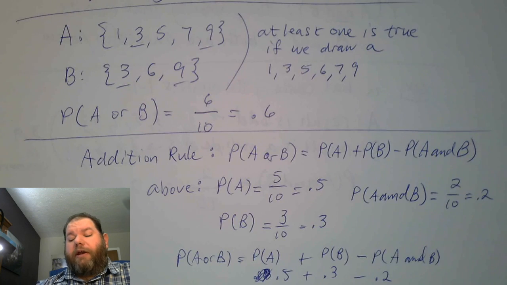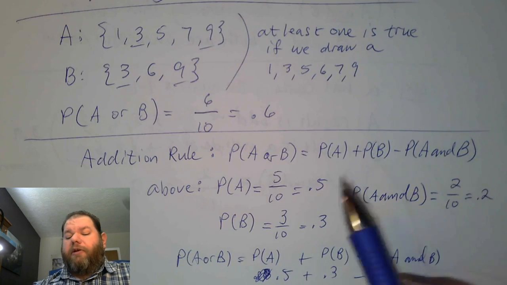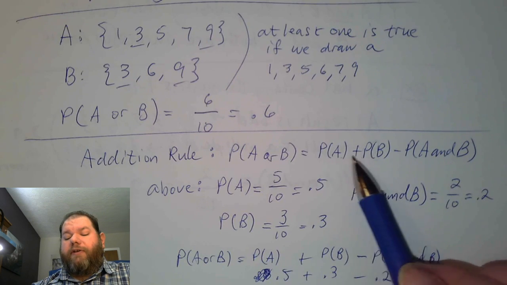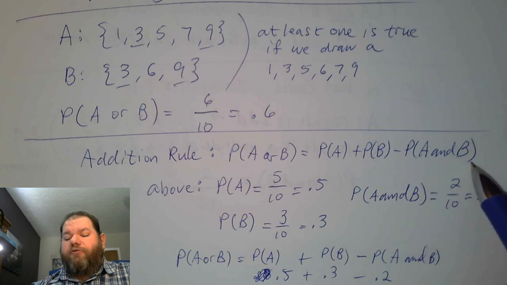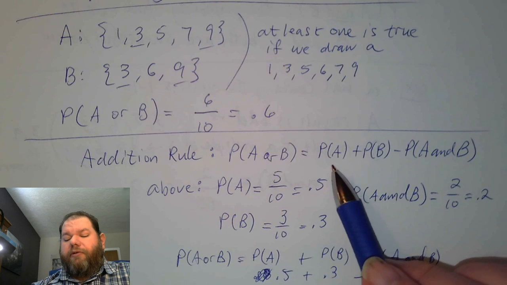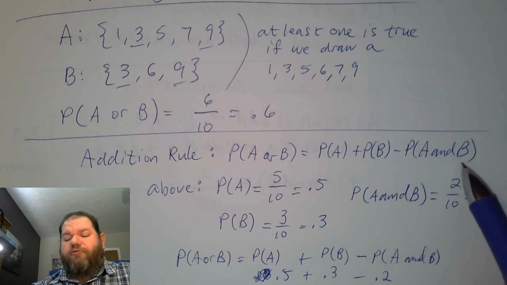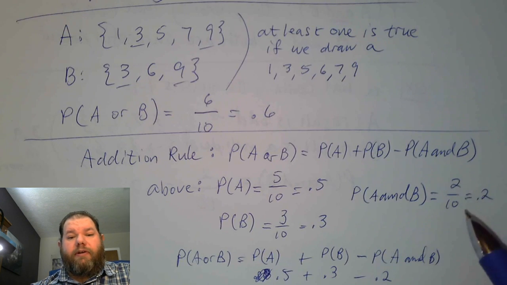And that's why we have to subtract P of A and B in our formula, because if we count the 3 and the 9 twice here with P of A plus P of B, we have to subtract the intersection of the two events, because here the 3 and the 9 count twice, and then we subtract it once, so now the 3 and the 9 are counting exactly once after subtracting that. Okay?